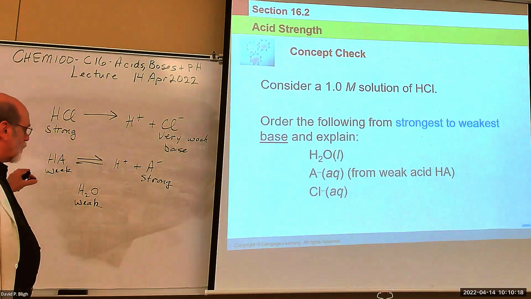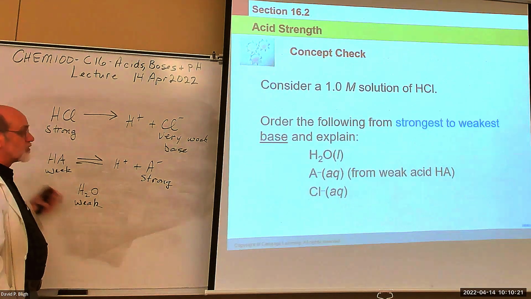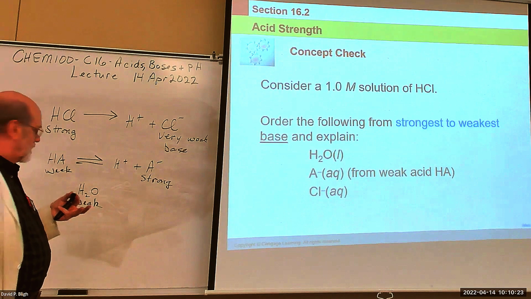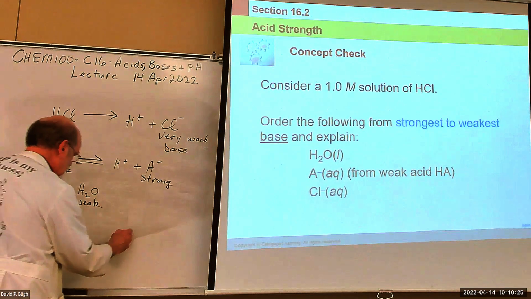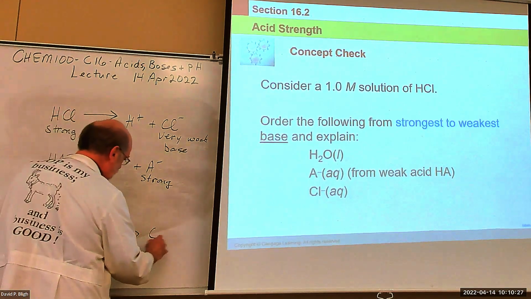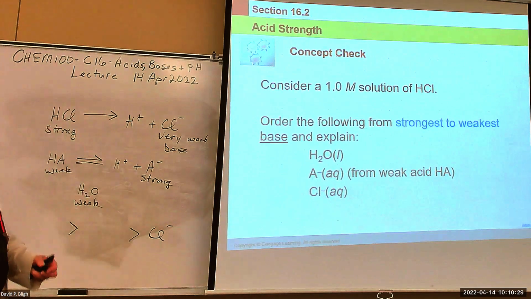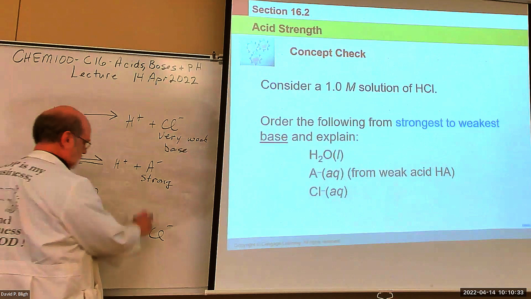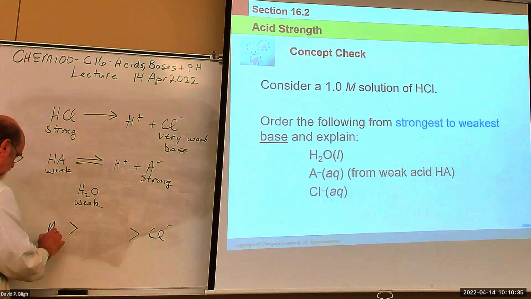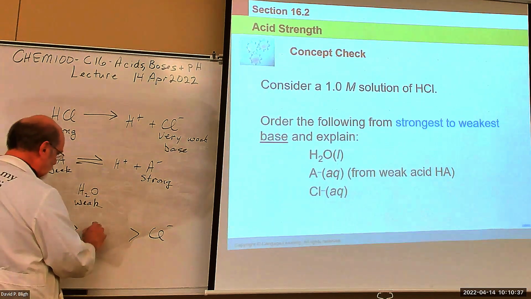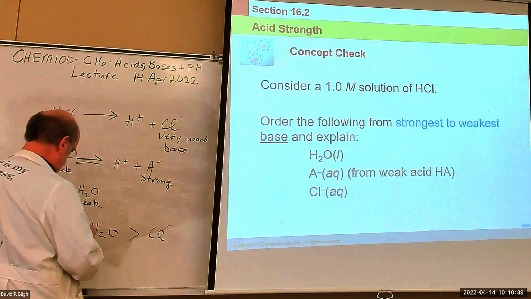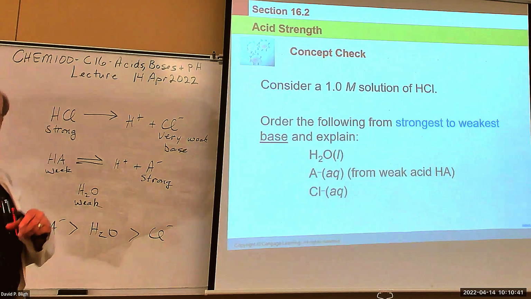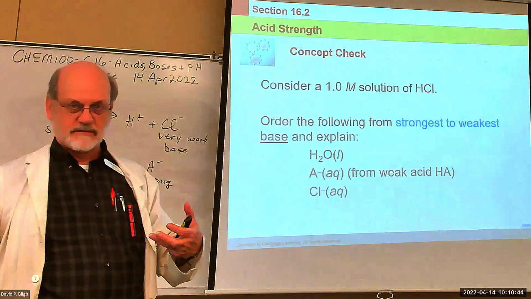Okay, if we're going to put them in order, we have to decide which one is the weakest. Right, strongest to weakest. So the weakest is going to be chloride. That's the weakest base. The strongest base is going to be this one. And in between is that. So that's in terms of proton acceptance.